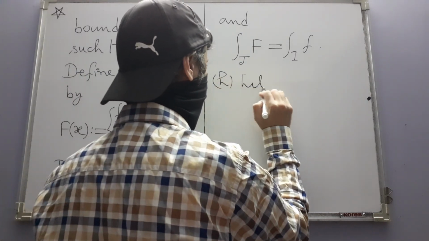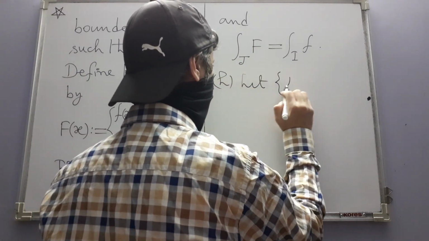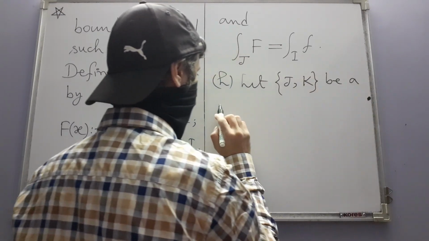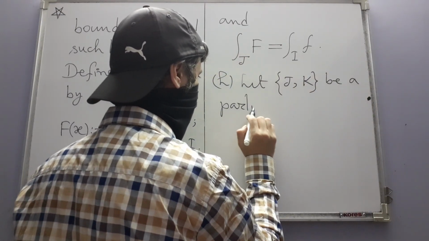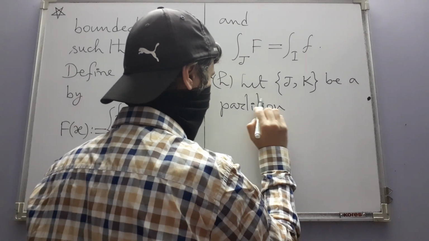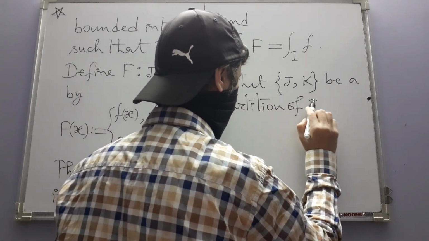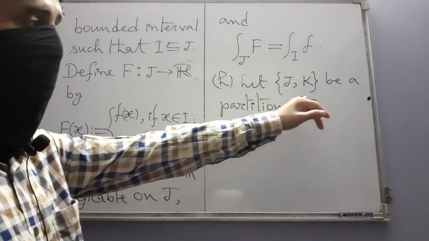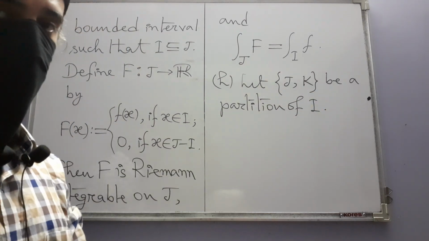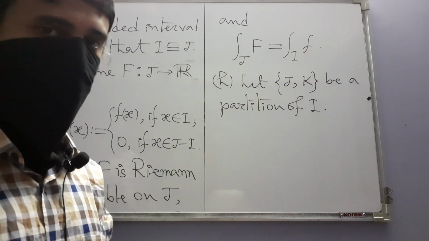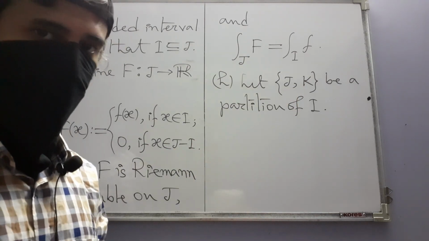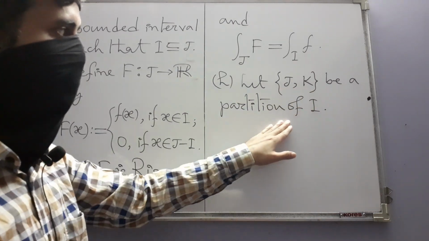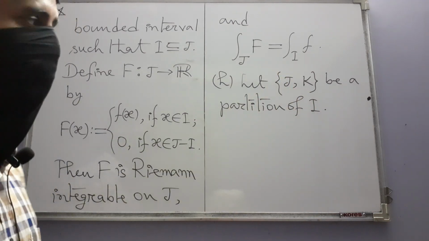Let j, k be a partition of I. That means these symbols are going to denote subintervals of I. All the conditions that you need for such a collection to be a partition are there.